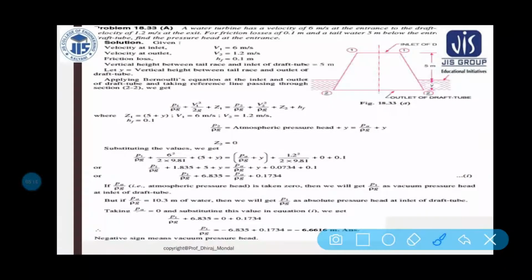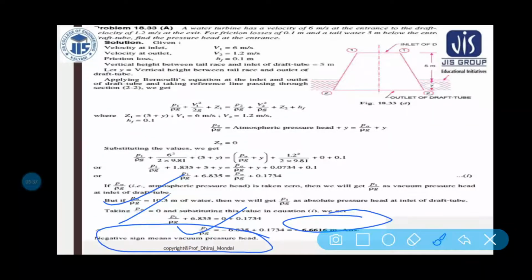Basically here PA by rho g is 10.3, either you can consider that, or PA by rho g you can consider 0. So put the value, you will be getting P1 by rho g equal to minus 6.66. So minus 6.66, why have we got this? Because it is vacuum pressure.